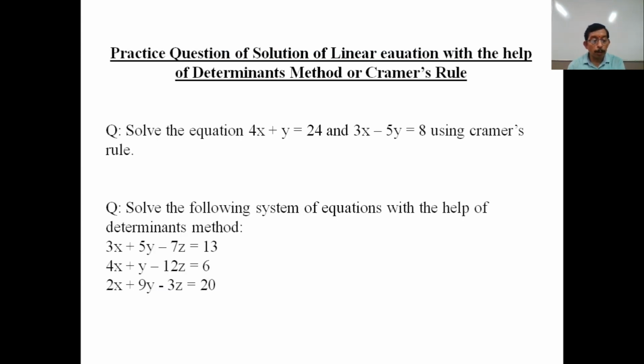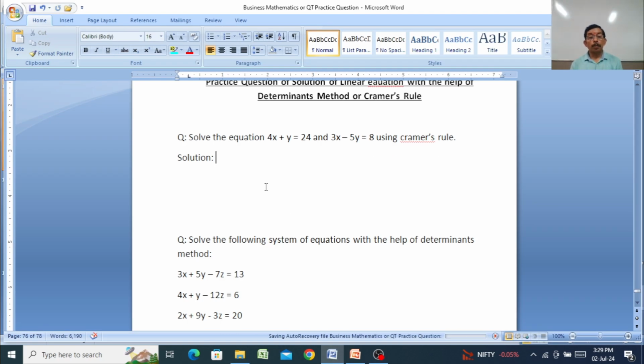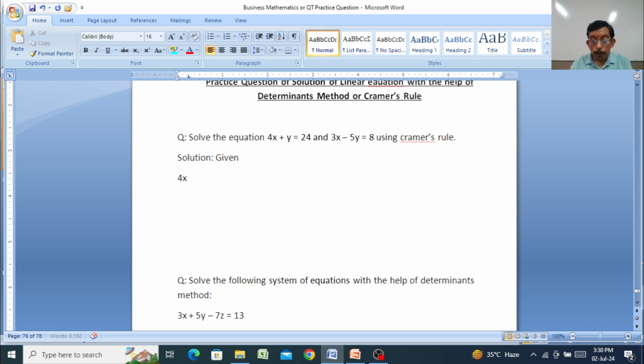Now some practice questions. Come to the exercise. Solve the given equations by Cramer's rule. First we find the determinant of the coefficient matrix, D. First we note down the equations. The first equation is 4x plus y is equal to 24.